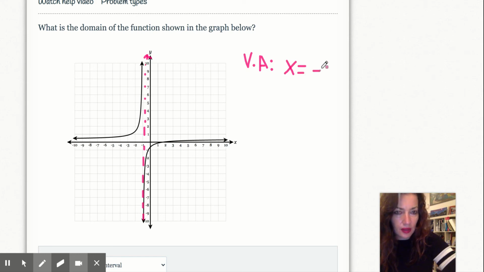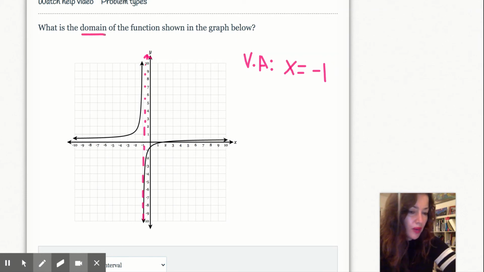Now you do want to mention when you write an asymptote that it's x, because we can also have a horizontal asymptote. But right now we're only interested in the domain, and the domain means all possible x values, all possible inputs. So we have a restriction for the domain.